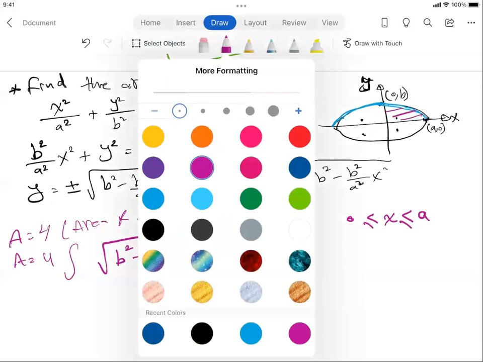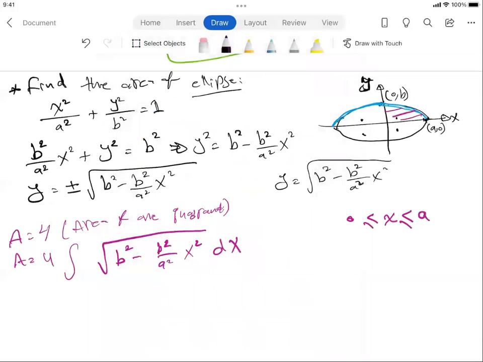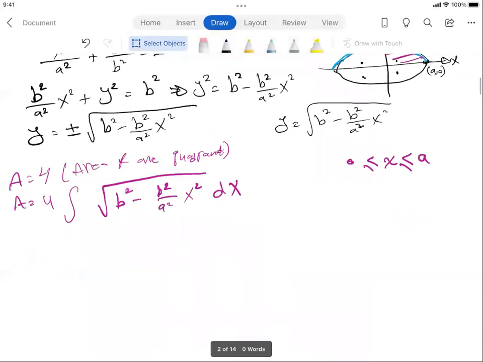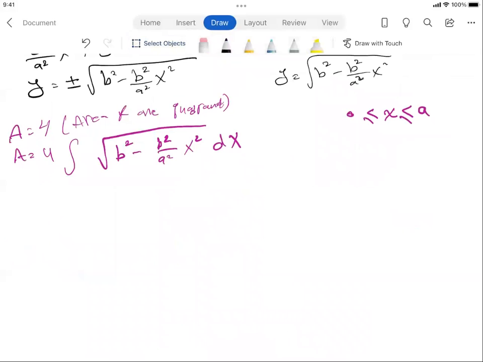Okay, let's do some more simplification on the integral. So area would be 4, let me put the limit of integration, 0 to a. And then let me see.